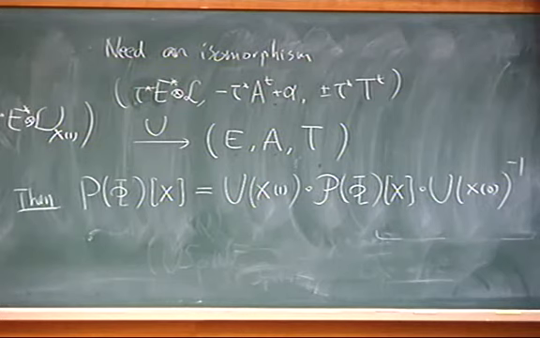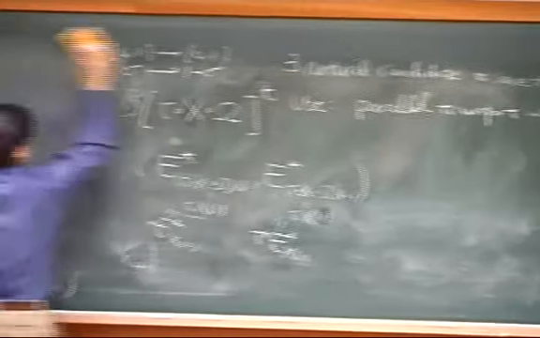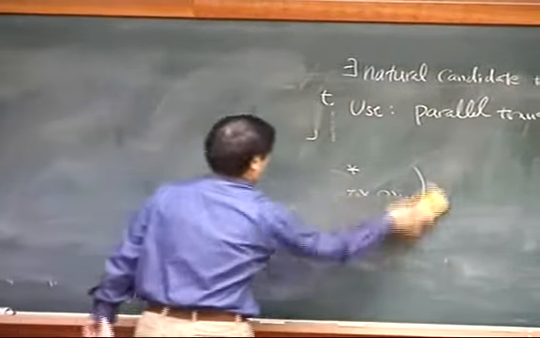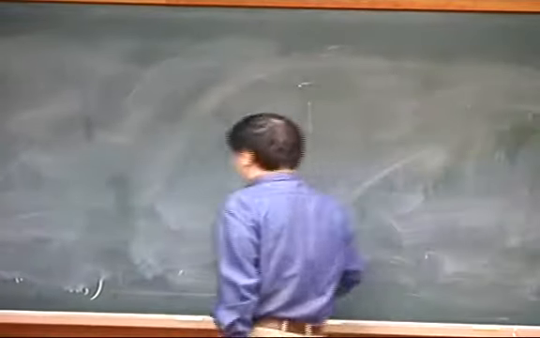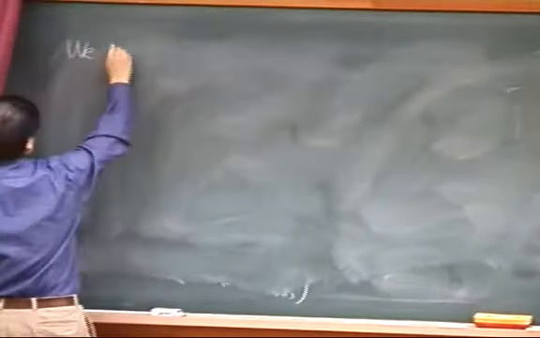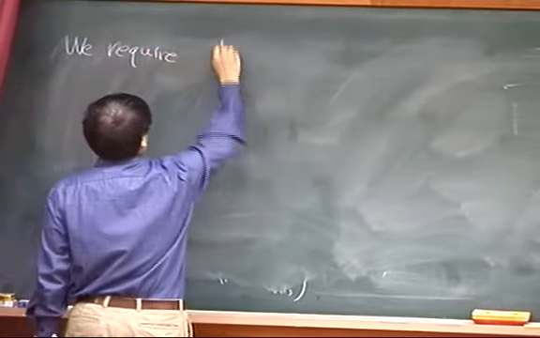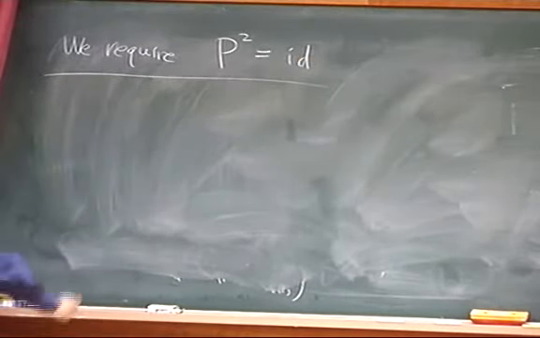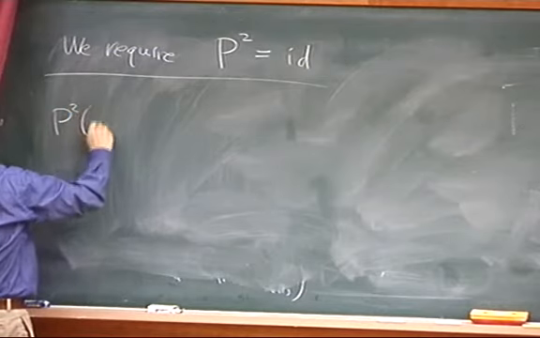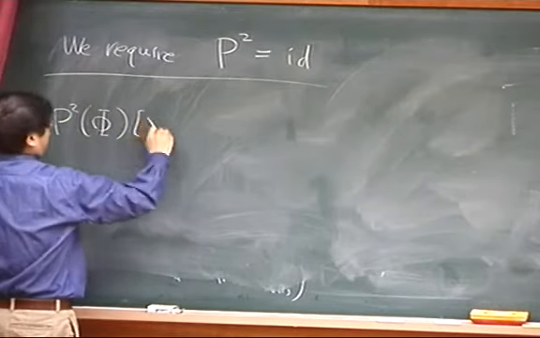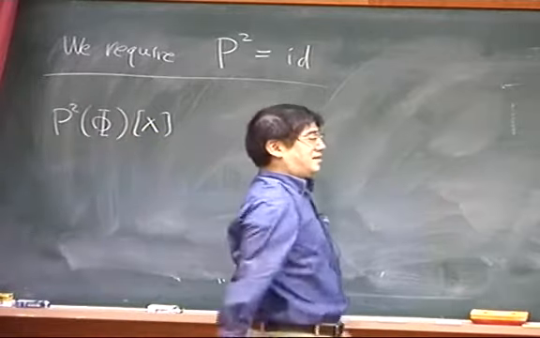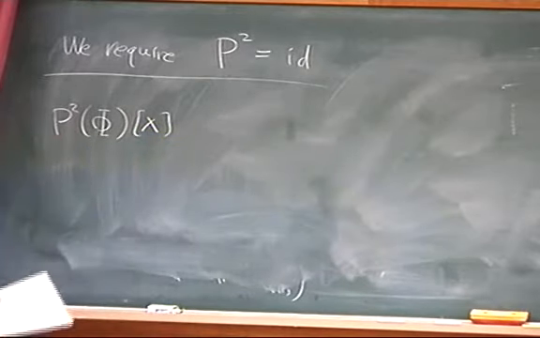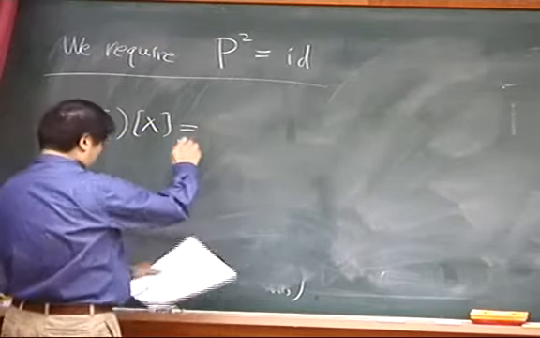So that's another thing we need. So we require the algebra P squared equal to identity. So let's just compute P squared of phi at x. You just follow this definition and do this algebra. Then let me just write down the answer.